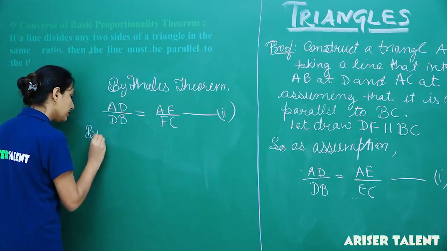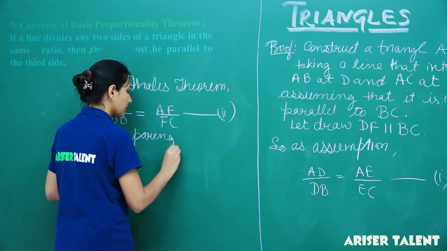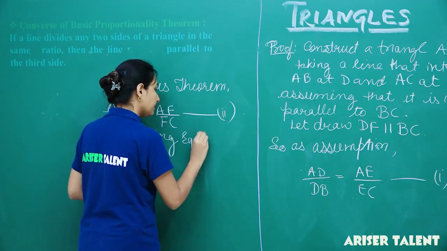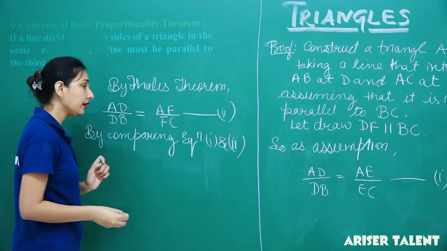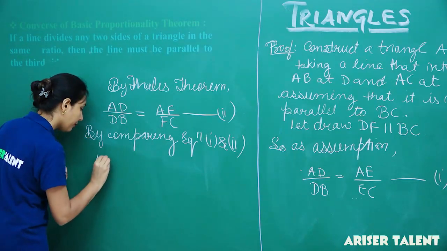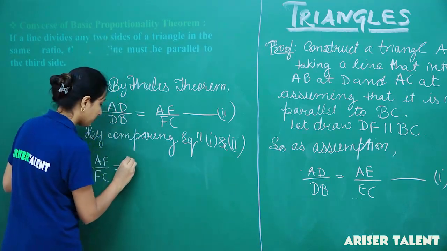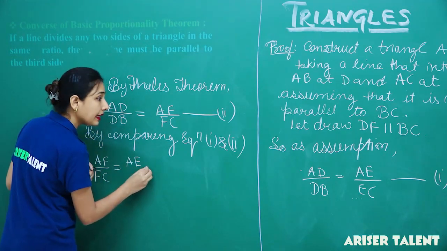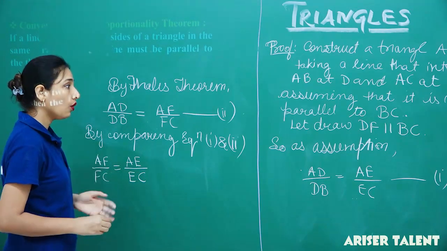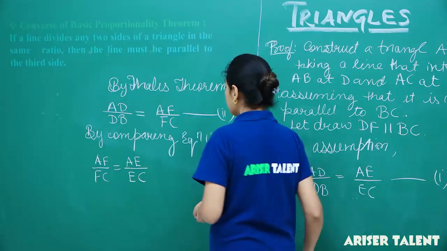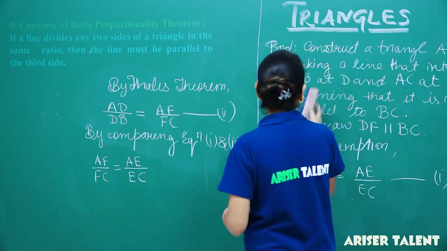By comparing equations 1 and 2, we have AF by FC equals AE by EC.